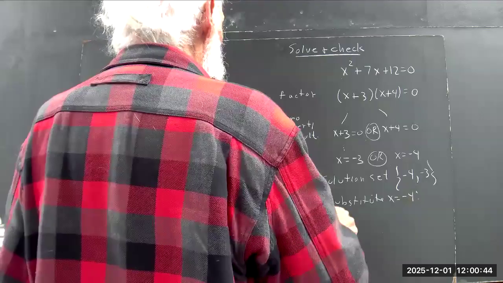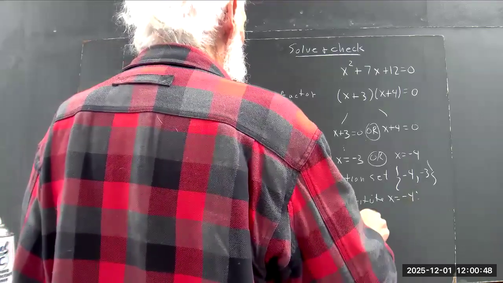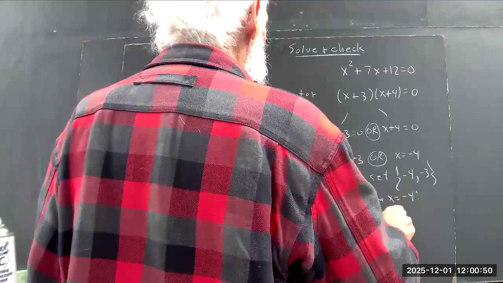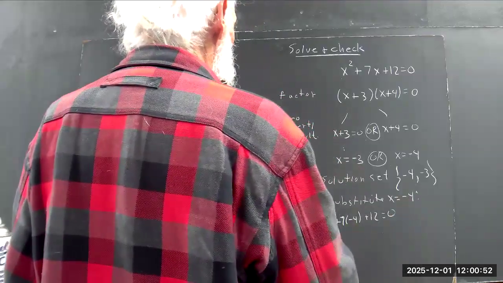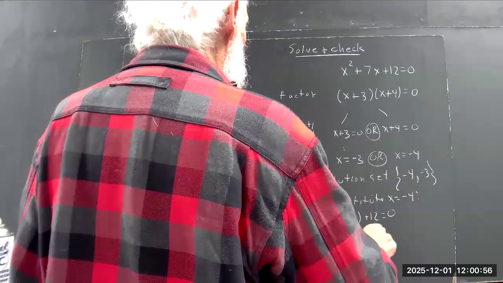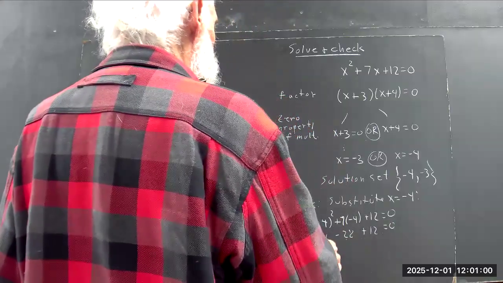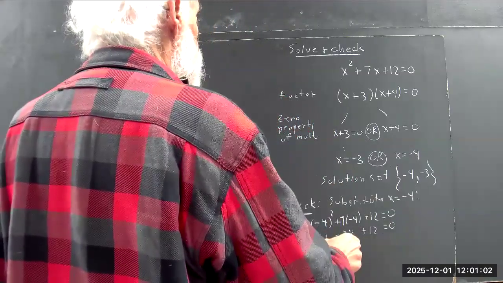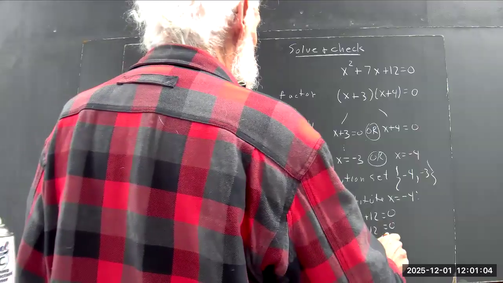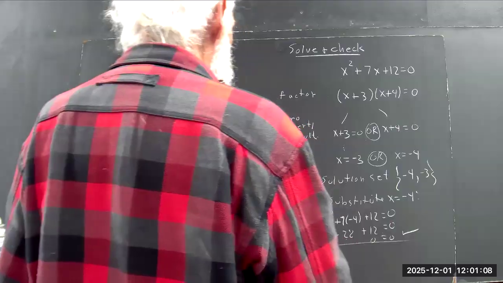We get -4 quantity squared plus 7 times -4 plus 12 equals 0. So that's 16 minus 28 plus 12 equals 0. If we add this all up, 16 and 12 is 28, and -28 gives us 0 equals 0. So that checks.